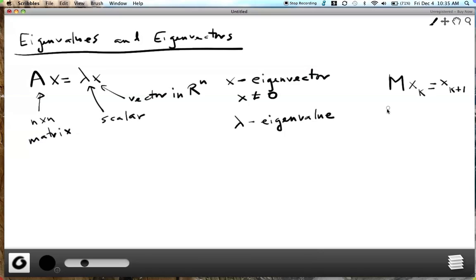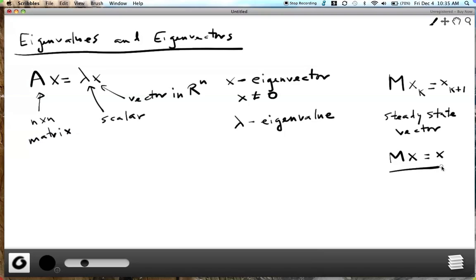And in particular, we were interested in determining if, for a particular matrix, there was a steady state vector. Right? And the steady state vector is one where you apply the transition matrix to it, and you end up back where you started. So Mx is just equal to x.